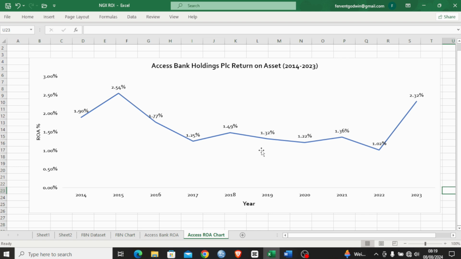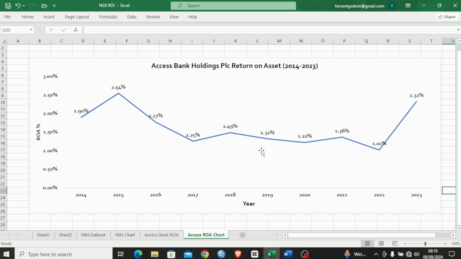I've established a metric for them, the average ROA for Nigerian banks. For a large bank like Access, the average is 1% to 2%. Now let's see, based on the established average for Nigerian large banks, how well Access Bank is generating income from their assets.